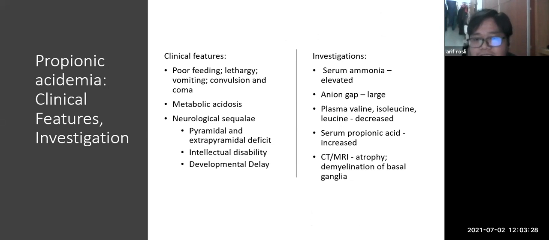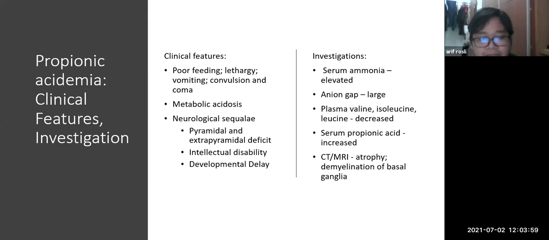For investigation, we identify by elevated serum ammonia, large anion gap, reduced plasma valine, isoleucine, and leucine, and high serum propionic acid. From CT and MRI we can see atrophy or demyelination of the basal ganglia.